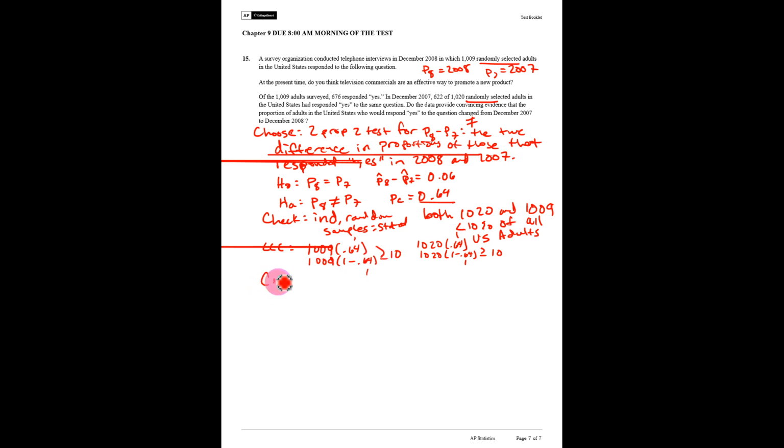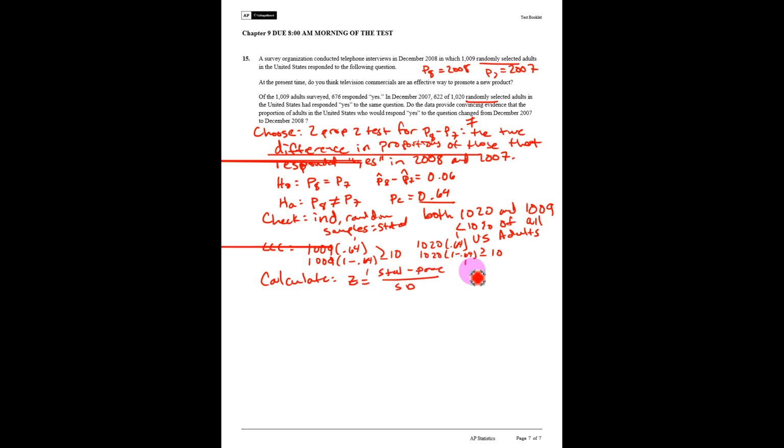All right, calculate. Again, z equals statistic minus parameter over standard deviation.